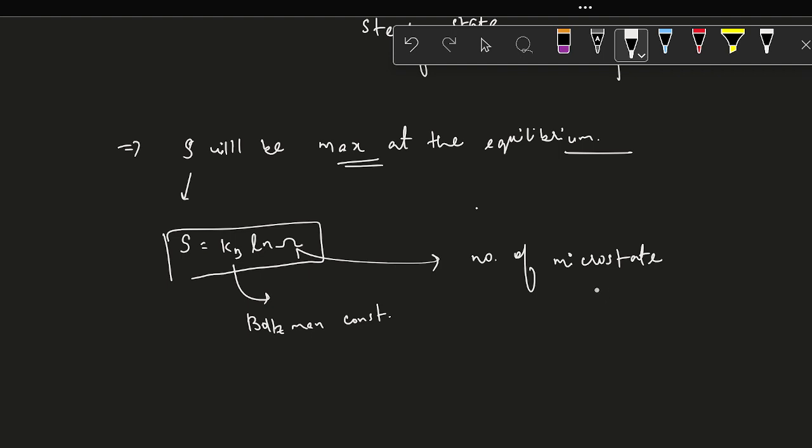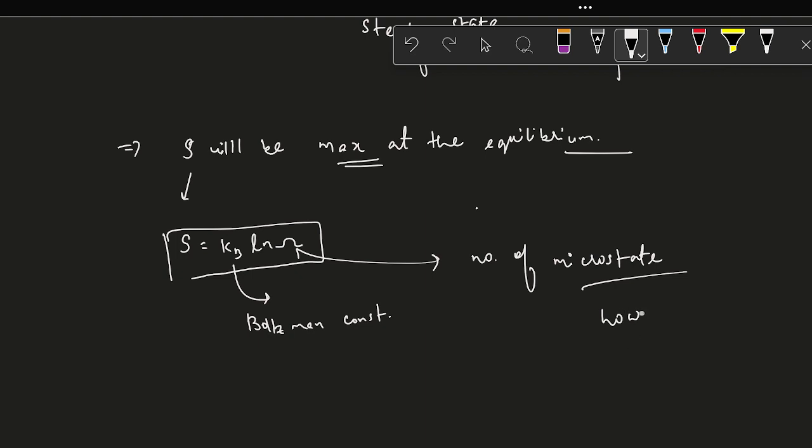The number of microstates actually tells us how many ways there are to rearrange a particular macrostate. That means if you have a system with proper macroscopic properties, say a particular volume and a particular pressure if it is a fluid system, then with all these properties remaining the same, how many ways can its microscopic variables be arranged?